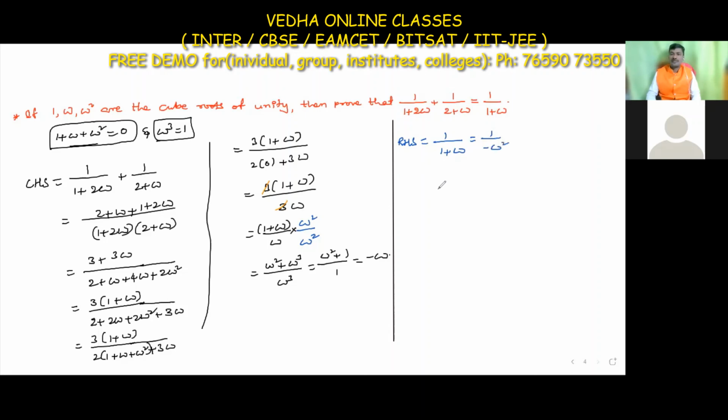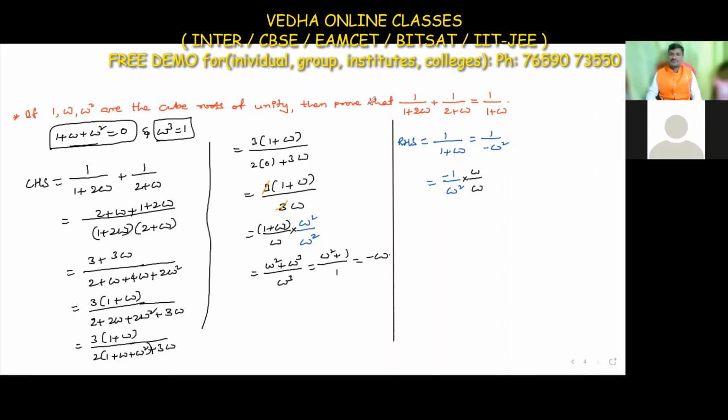Here also, if you want to remove this omega square from the denominator, multiply and divide by omega.